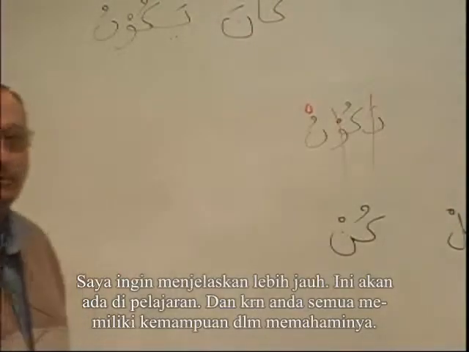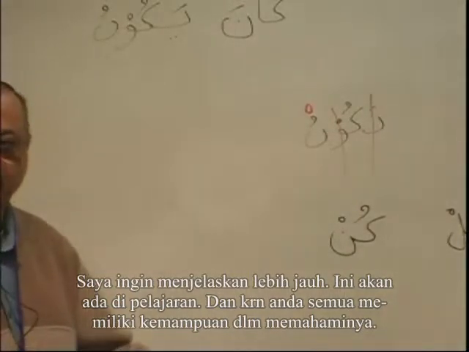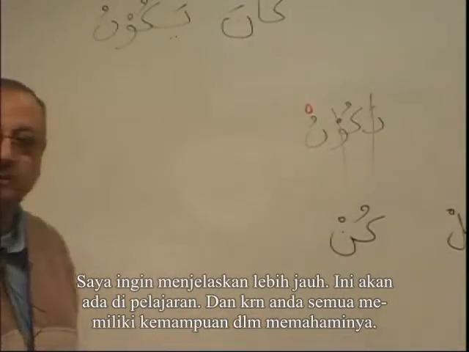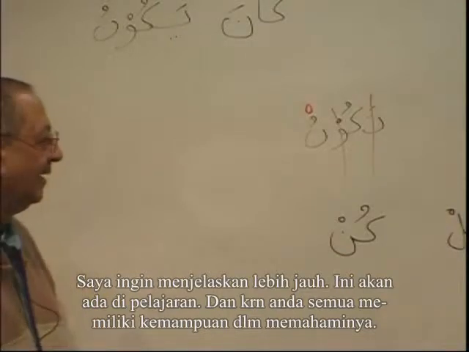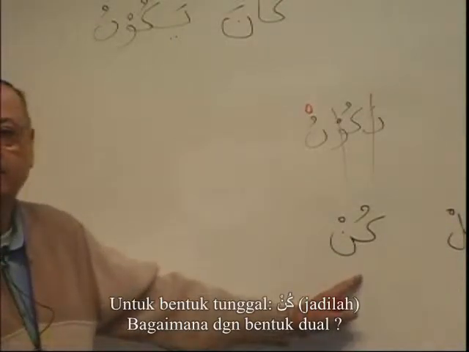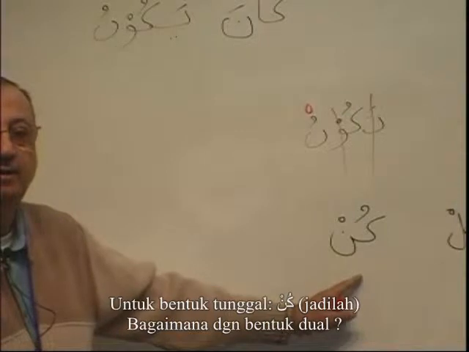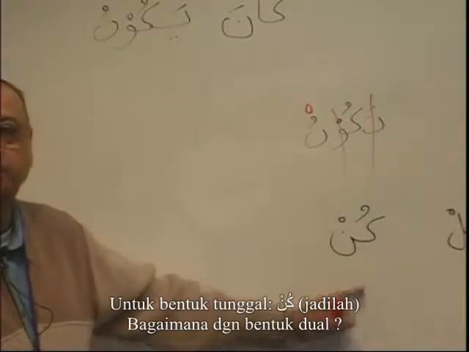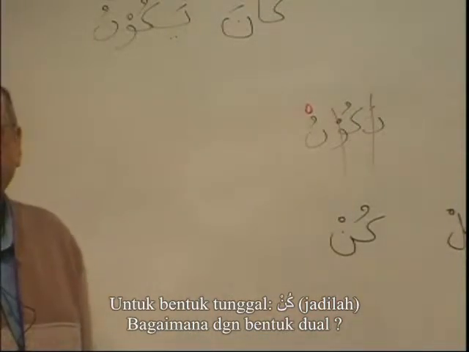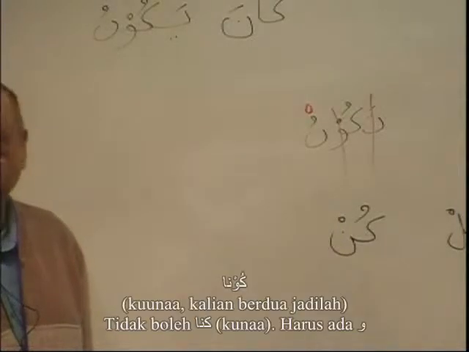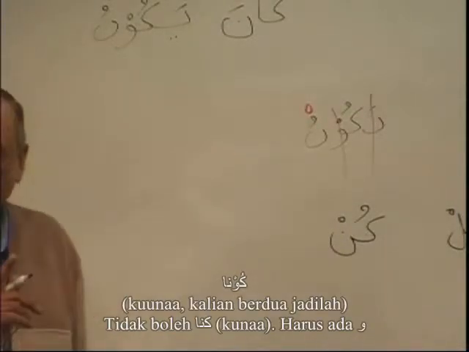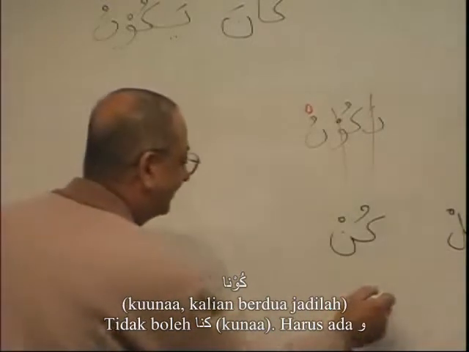Okay. Now I want to do a little more. It is coming in the next lesson, but I would like to do it because you are very sharp. Now, for singular, it's kun. How about dual? Kunna. But brother, in kunna, the vav will come.